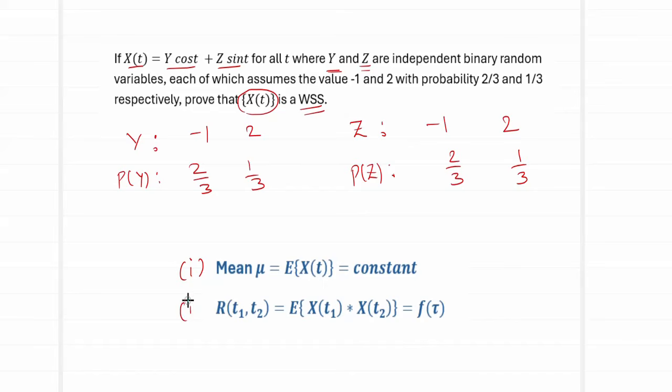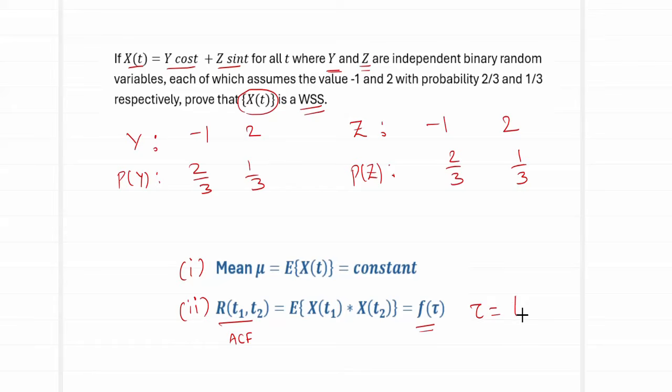The second condition which I need to prove for a WSS is R(t1, t2), which is nothing but our autocorrelation function. How do we define our autocorrelation function? It is the expected value of the product of two members of the random process. When you compute the autocorrelation, the final answer must be a function of tau. What is tau?